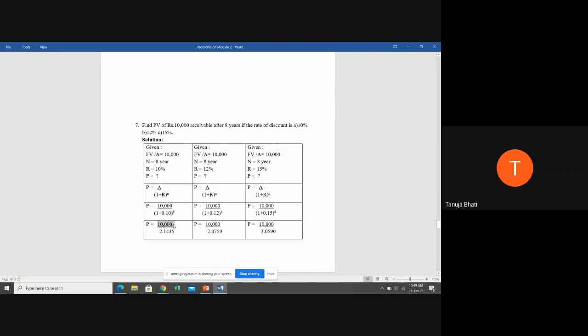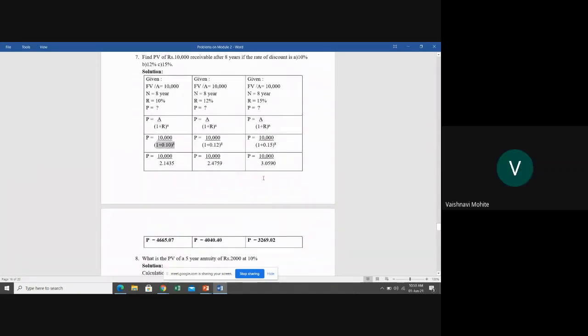So 10,000 divided by 2.1435. Can anyone tell me which table I have to use to find this factor, that is 10% for 8 years? Table number 3. If you use Table number 3, you will get 2.1435 for 10% for 8 years.